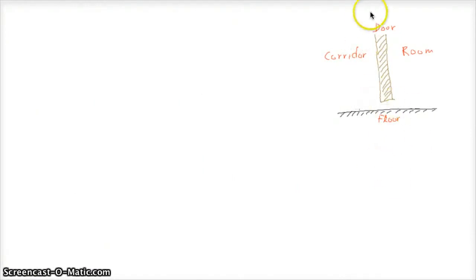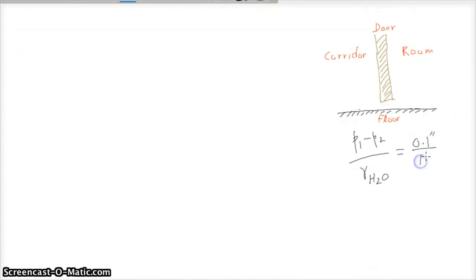First of all, we'll look at this drawing. The pressure in the corridor is higher than the room pressure, and we know that (P1 minus P2) over gamma water is given to be 0.1 inches, and of course we have to divide it by 12 to convert it into feet.